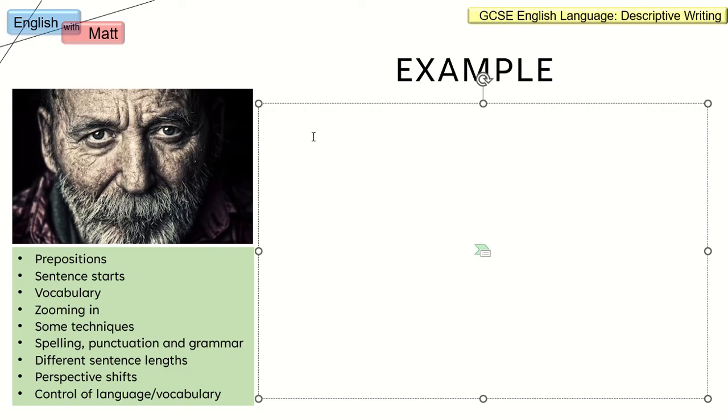So we've got our skills there still on the left-hand side, things that we could use in order to make our descriptive writing as effective as possible. So let's imagine that this image is a reflection of myself as I look into a mirror, okay? Because a mirror obviously only reflects what it sees. So there is nothing more honest than a mirror.